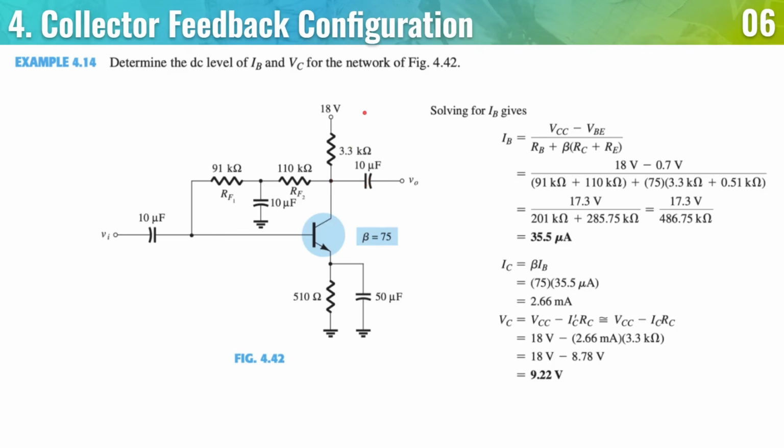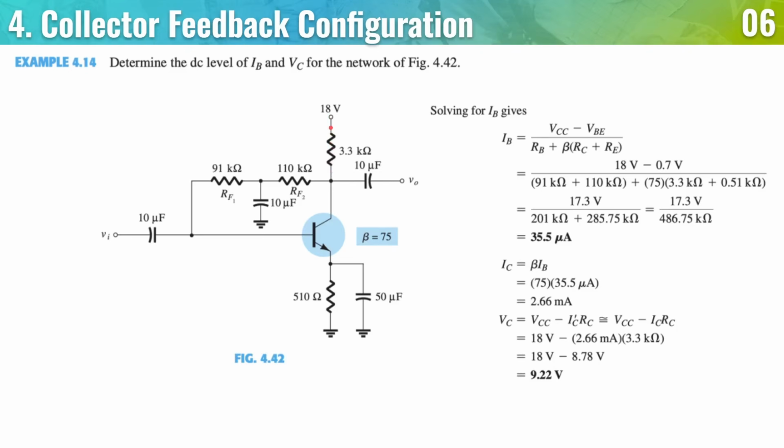So it's going to be the difference from VCC minus the thing across the resistor. Actually, wait. Let me redraw it. VCC is here, and the resistor is here.